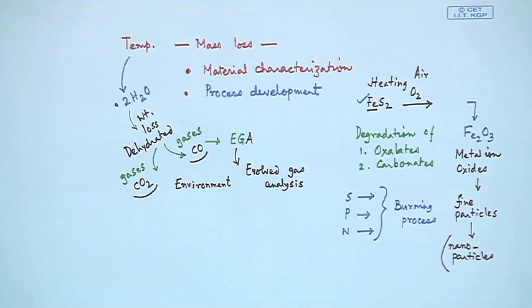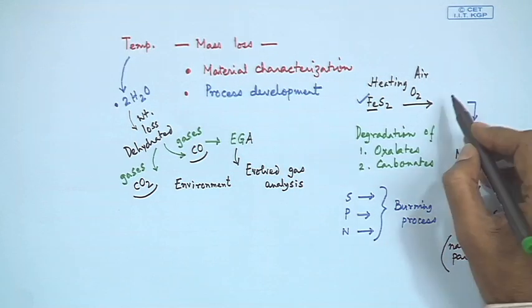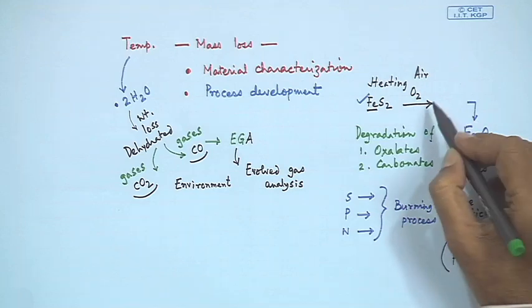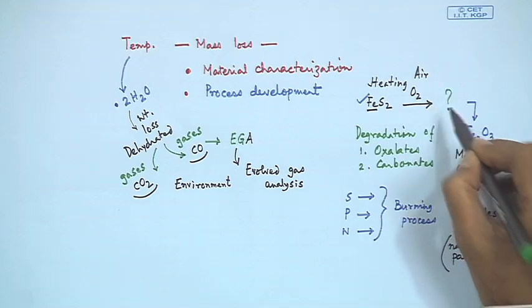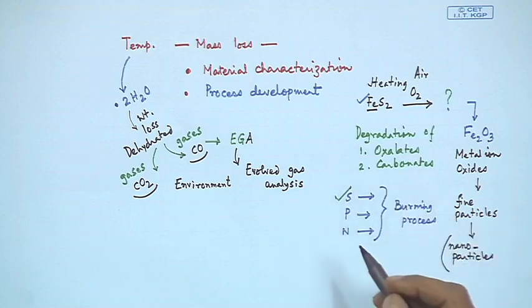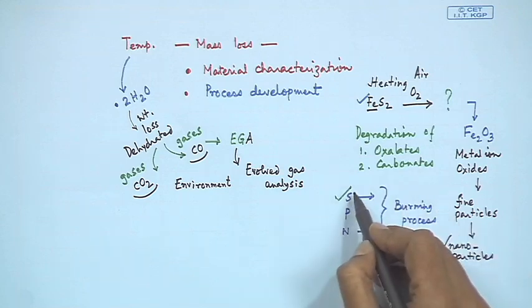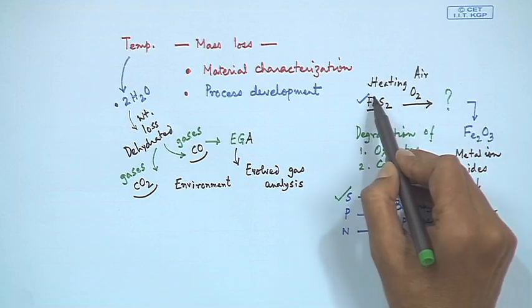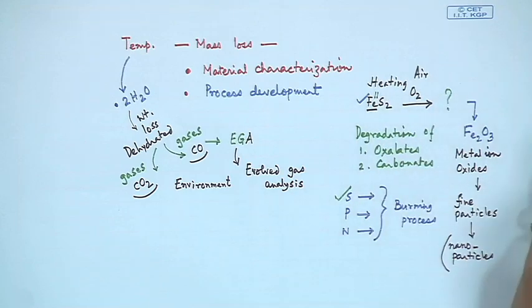If they have semiconducting behavior, we can use these particles as semiconducting material in sensors or any other application. In between, we are talking about the corresponding burning of the sulfur part or the sulfide part, which is present with this iron in the ferrous state.